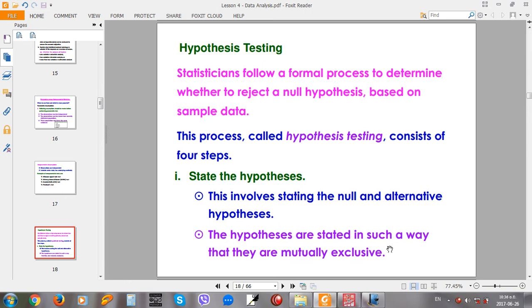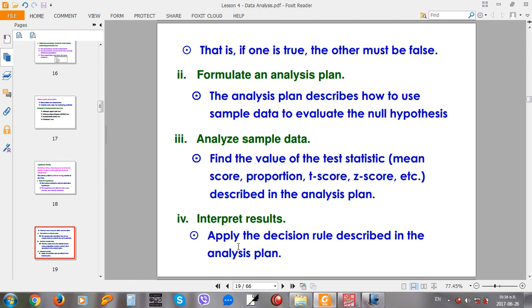Then the alternative hypothesis is that there is a significant difference. That is why the hypotheses are mutually exclusive: if one is true, the other must be false.